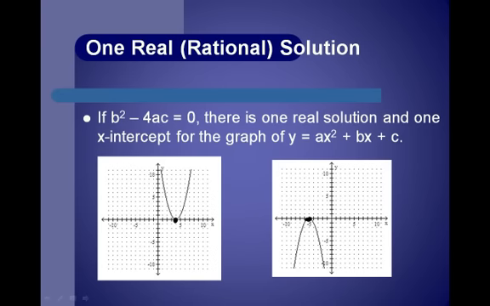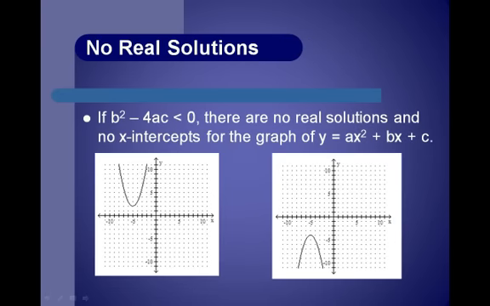Therefore, there is only one rational solution. And then our last case is if b squared minus 4ac is less than 0. Therefore, if your discriminant is negative, there are no real solutions and no x-intercepts. We could have our parabola up in the upper quadrants aiming upward, or in the lower quadrants aiming downward.